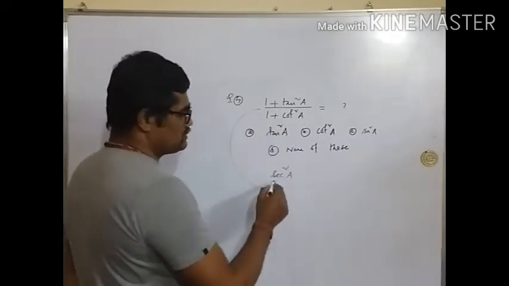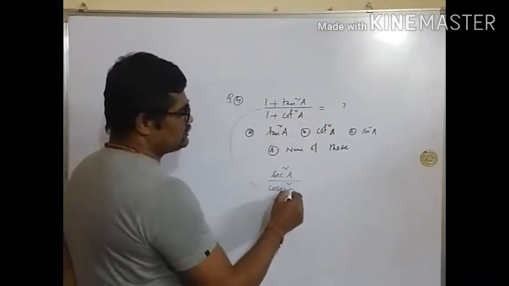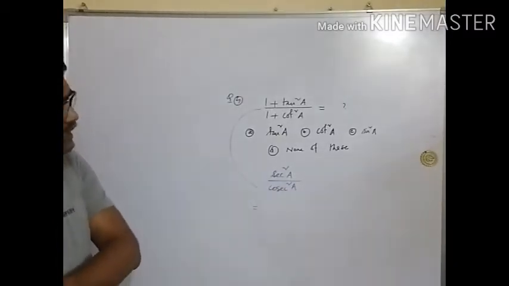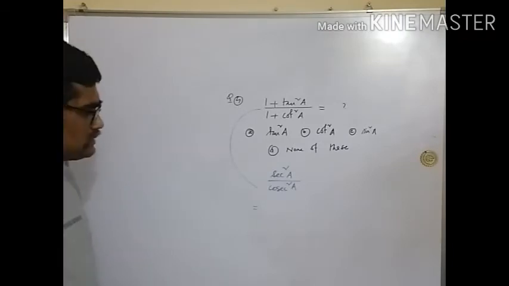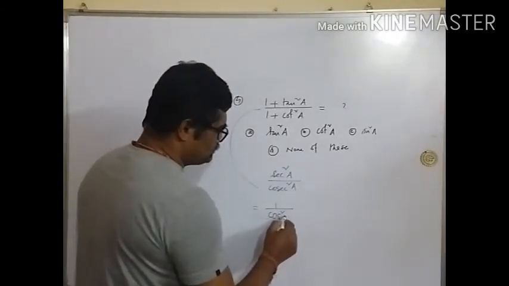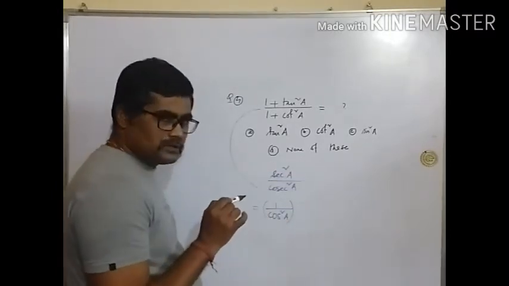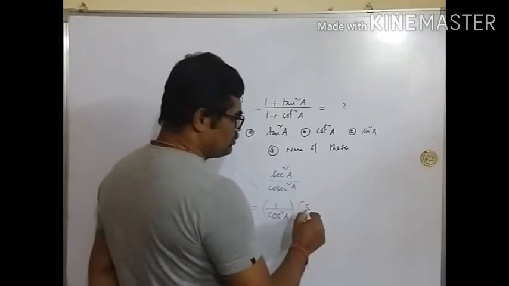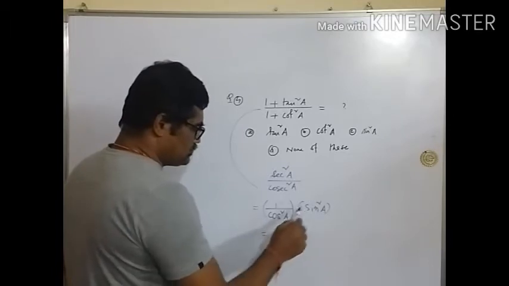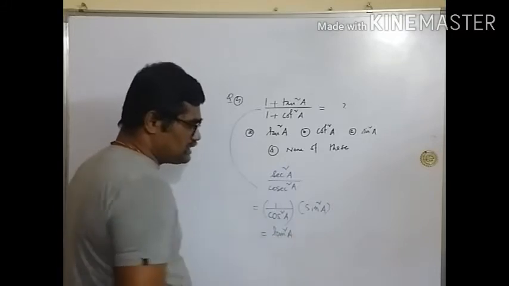And 1 plus cot square a is cosec square a. सेक स्क्वायर a को अगर नीचे लाया जाए तो क्या मिलेगा? 1 by cos स्क्वायर मिलेगा, और ये पहले से 1 by cosec स्क्वायर है, रेसिप्रोकल बन के ऊपर चला गया तो कितना बनेगा? साइन स्क्वायर बनेगा. तो साइन स्क्वायर a by cos स्क्वायर a कितना बनेगा? tan square a.